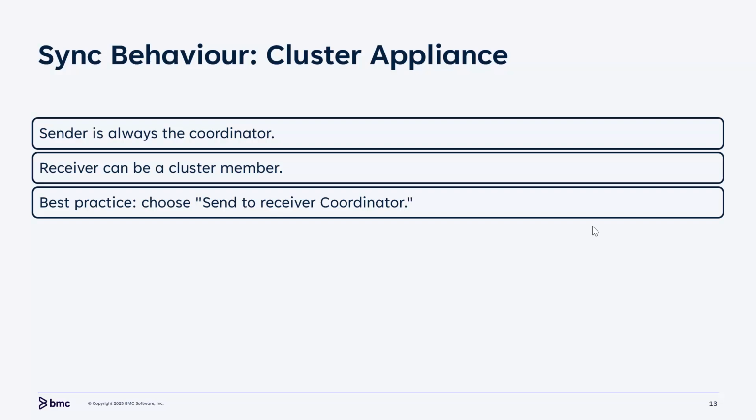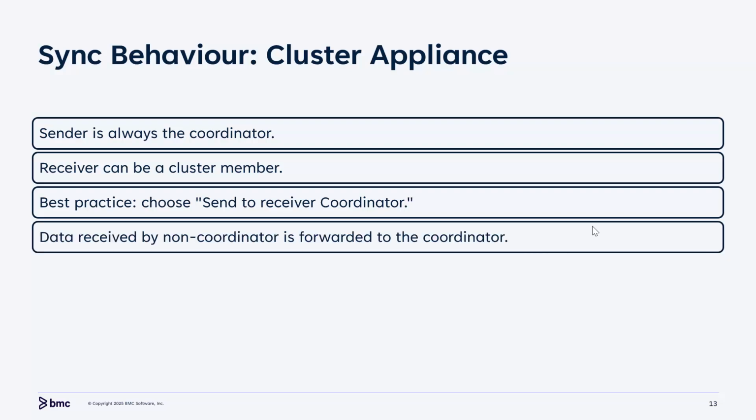Because if you send the data to a cluster machine on the receiver, that data will first be forwarded to the coordinator for the distribution. So the recommended approach is, when you are configuring the inferred sync consolidation on the sender side, you add the address of the receiver cluster coordinator.